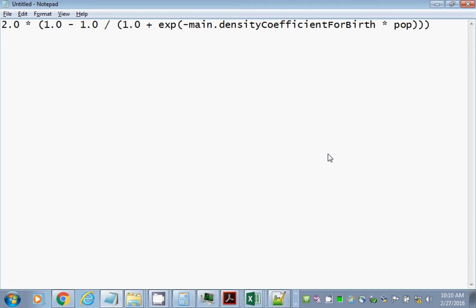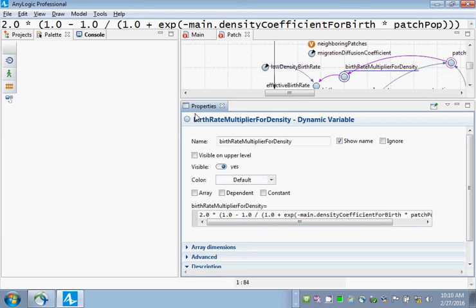So when we have very low density, what birth rate is going to apply there? Obviously, to give birth, there have to be some organisms around, but what birth rate will apply when patch pop is approximately 0? Well, as I said, this thing is 0, so this thing times that thing will be 0, so x to the 0. Just copying this down, and I'll leave out the zeros, the 1.0, just put in the part in front of the decimal point.